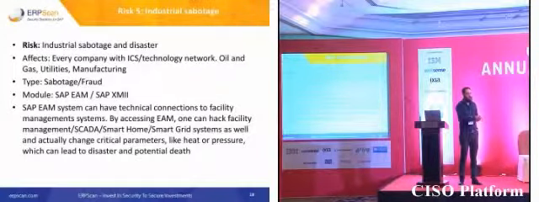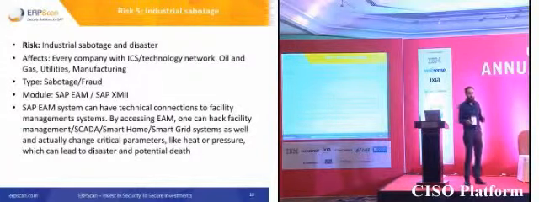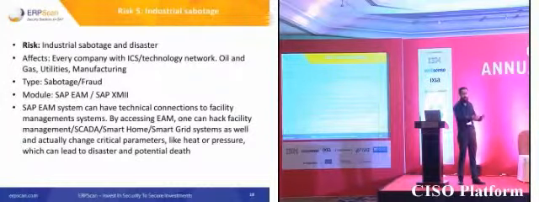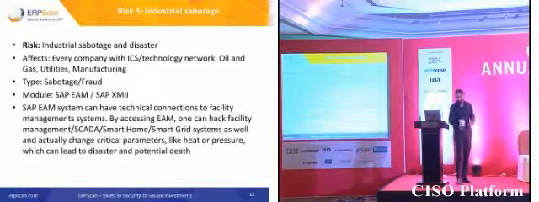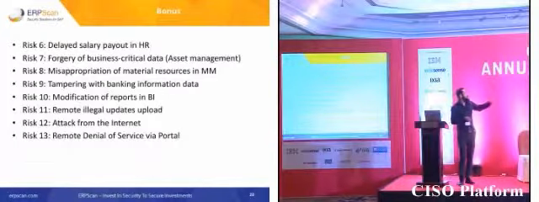Which means that if you have access to the ERP system, you can get access to the SCADA system more easily. And if you can get access to this network, there are lots of chances that you can exploit SCADA systems because they're totally insecure. And the only way to secure them is to put them under the firewall. So what people do, they put them under the firewall, but there are some connections that they should open to the ERP system, so you can use those connections. And there are multiple ways to do that.